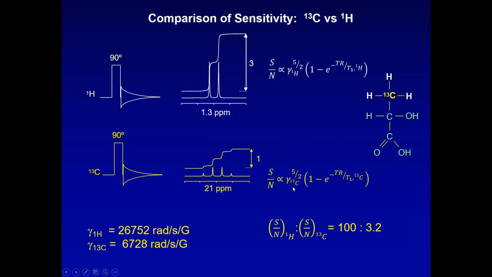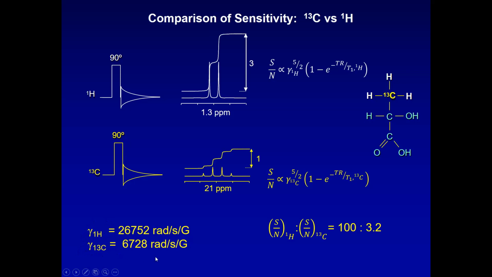Another difference is now the gamma raised to the 5/2. The gamma of carbon-13 is about 1/4 that of protons. So this factor is much less. And here is the same T1 factor. And down here we have the gyromagnetic ratio presented in radians per second per Gauss. This, remember, is equivalent to 42.57 megahertz per Tesla.